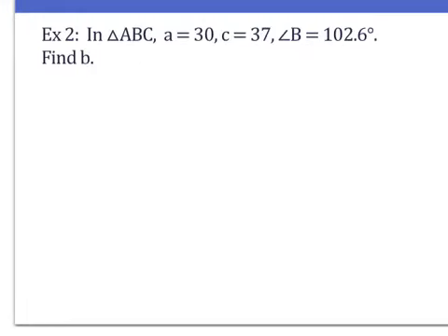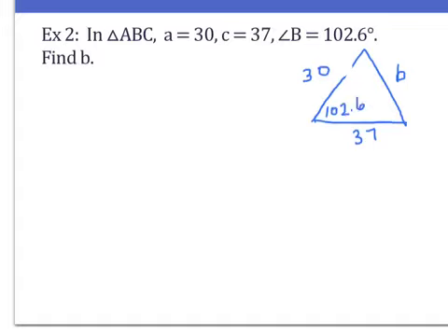Okay, so for our next triangle, it always helps me to draw the triangle. Put side A right here, so that means this is going to be B, and this is C. And I want to replace those with numbers, so I'm going to replace side A with 30, and I'm going to replace side C with 37, and this right here is angle B. So we're going to use the law of cosines that begins with B squared.